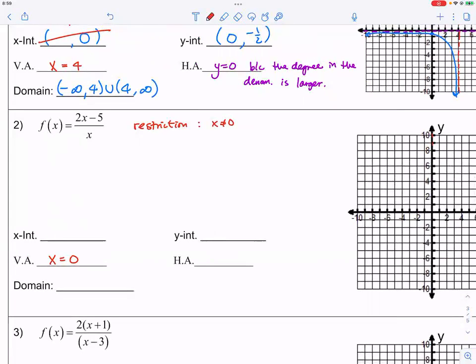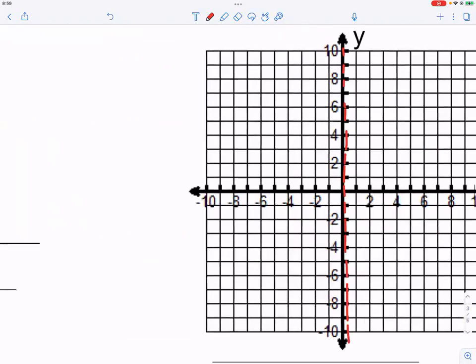So now if we know the vertical asymptote is at the y-axis, could there be a y-intercept? It's impossible because the graph would never ever be able to touch the vertical asymptote.